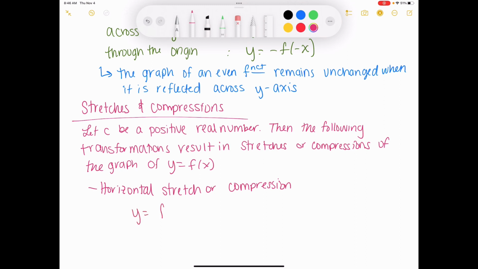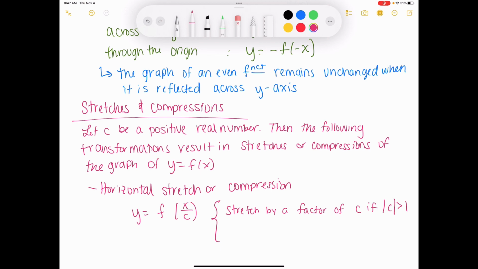y equals f of x over c. It's a stretch by a factor of c if the absolute value of c is greater than 1. Okay, so if it's like 1, 2, 3, 4, negative 5, 6, whatever.